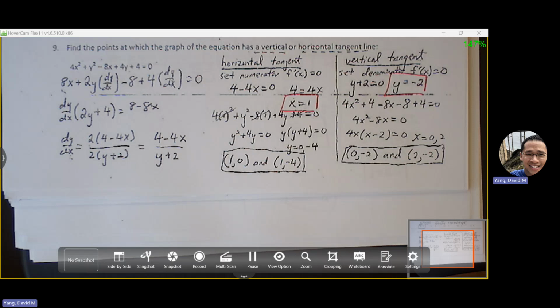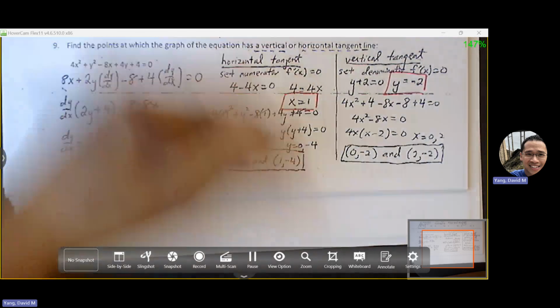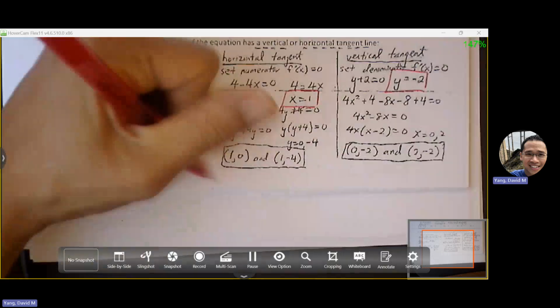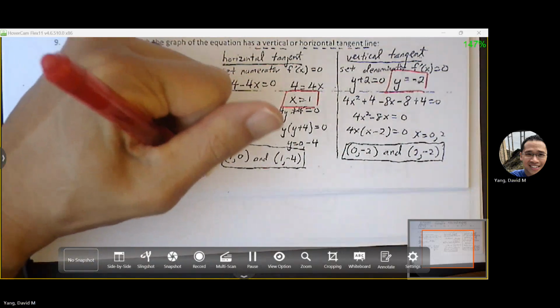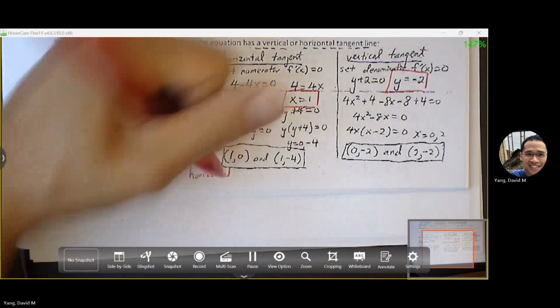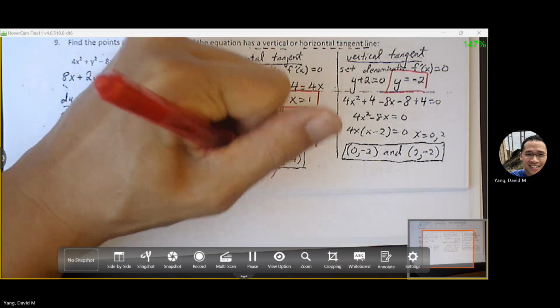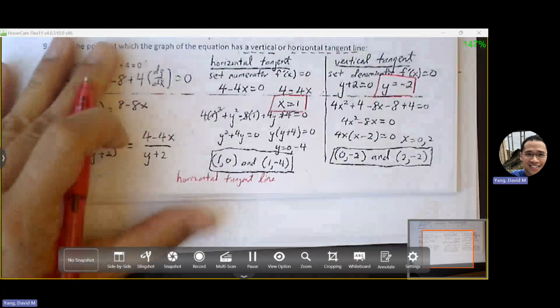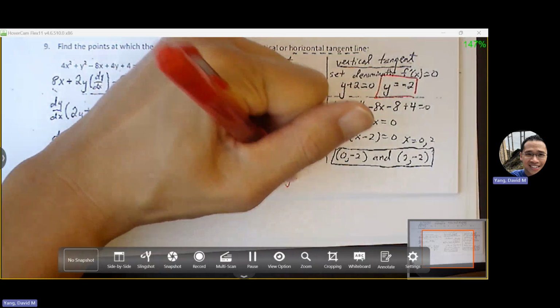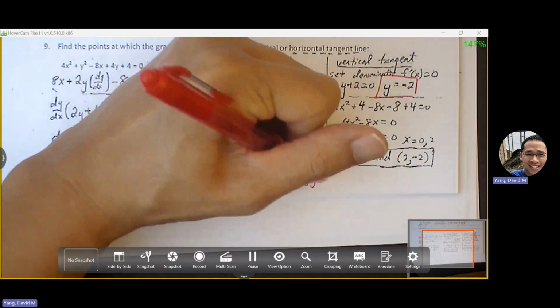But let's say the problem says find the actual horizontal tangent lines and the vertical tangent lines. If that's the case, then let me just identify what those would be. Your horizontal tangent line equations would be y equals 0 and y equals negative 4.